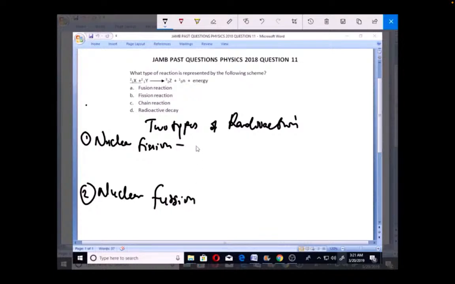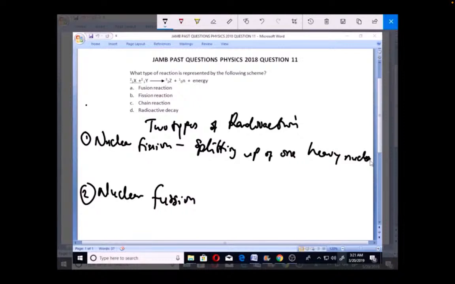So whenever you hear nuclear fission, we're talking about the splitting up of one heavy nucleus.